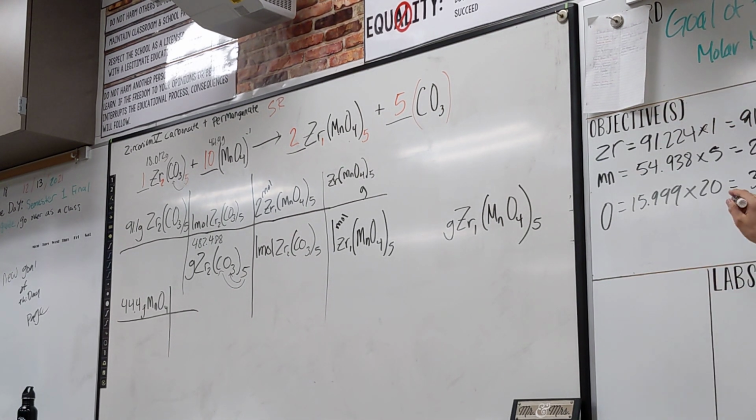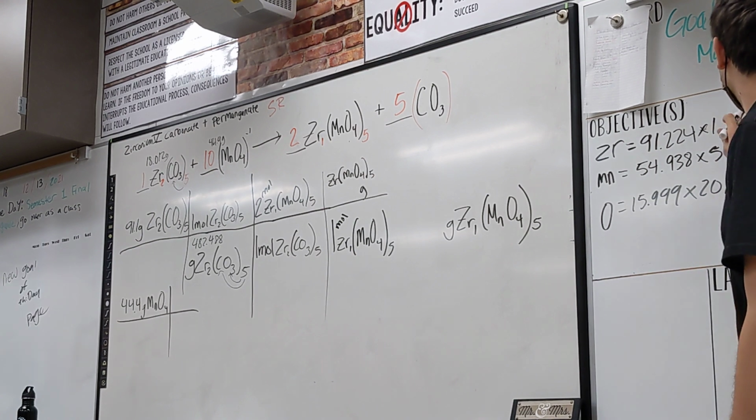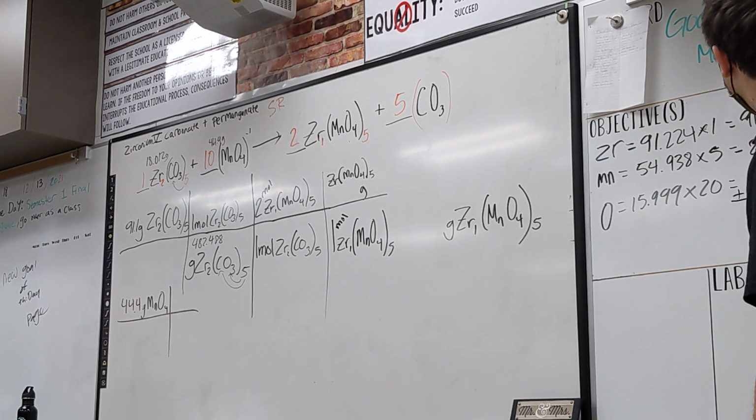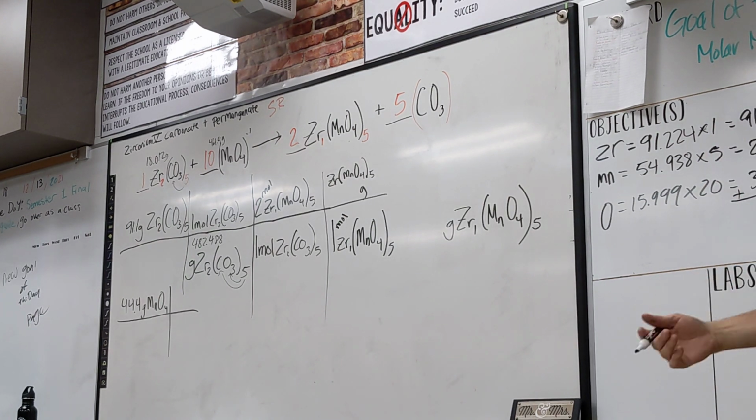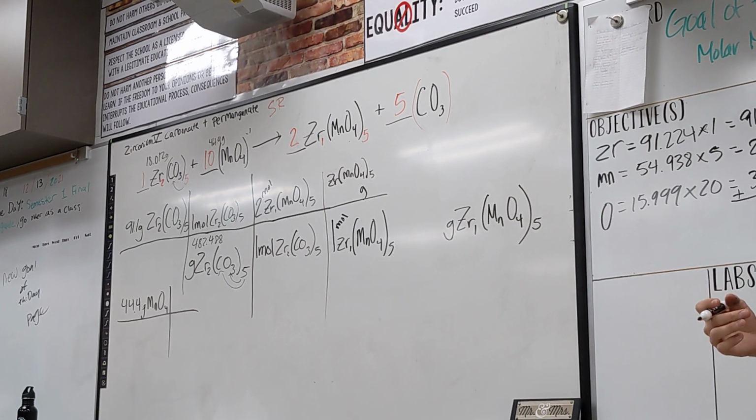All right, so here we go. Now add that up: 91 plus 274 plus 319.